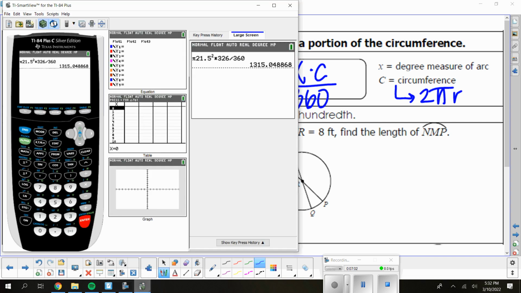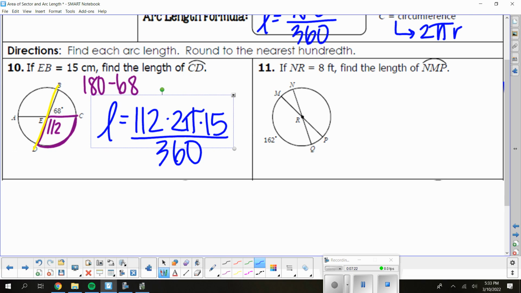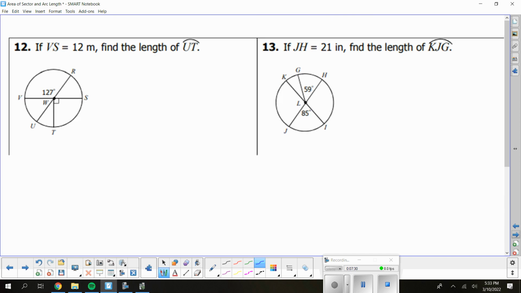Typing that in, 112 times 2 times pi times 15 divided by 360. That's 29.32, and this is just centimeters because I'm a length, I'm no longer an area. 29.32 centimeters.